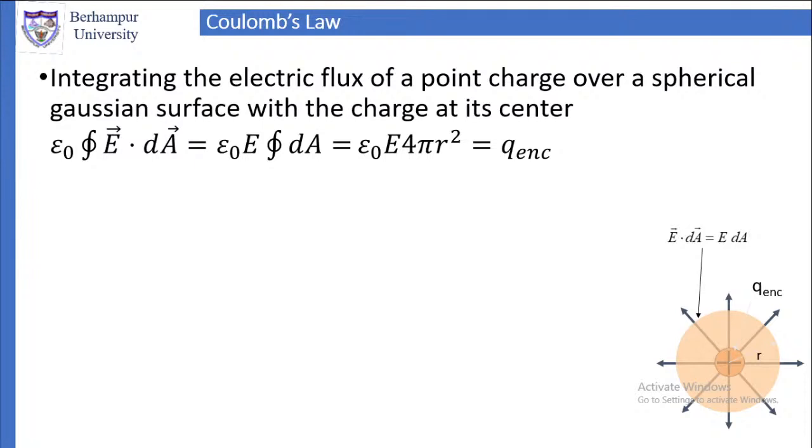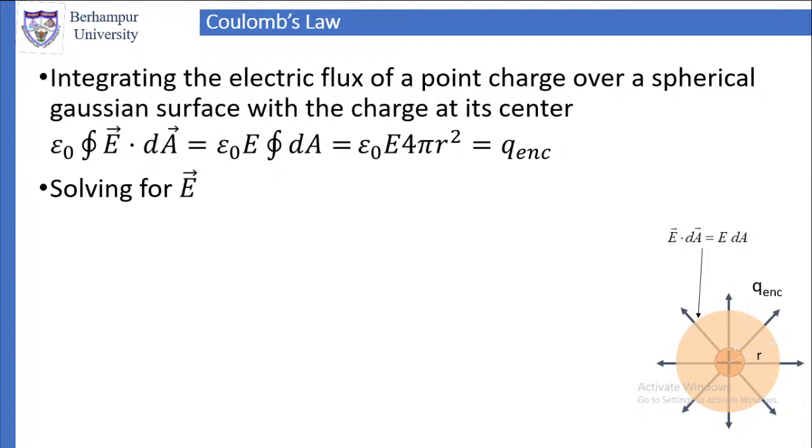Now let us look at the Gauss law. Gauss law says that epsilon 0 integration E dot dA, which is the flux, is equal to Q enclosed. Now E is constant here, because the charge is fixed, so the electric lines of force will be constant, so the electric field will be constant.